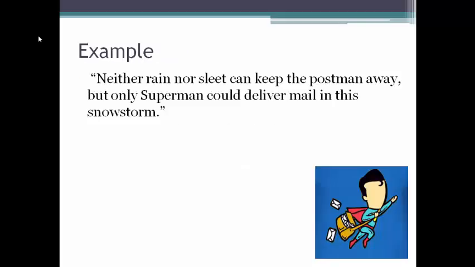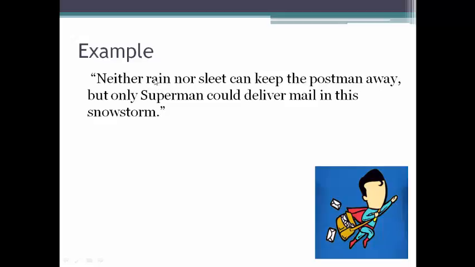Let's take a look at another example. Let's go with the sentence, neither rain nor sleet can keep the postman away, but only Superman could deliver mail in this snowstorm. This is an example taken from your book. Well, to start, let's pick out what the simple sentences are. It's a little tricky to tell exactly what they are because you've got this rain nor sleet clause.